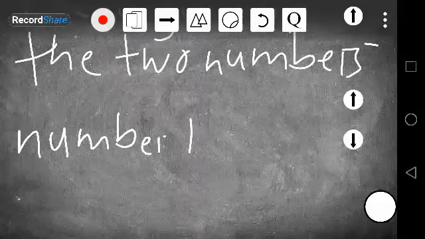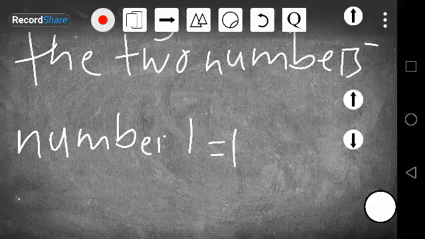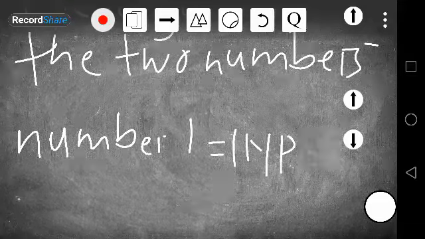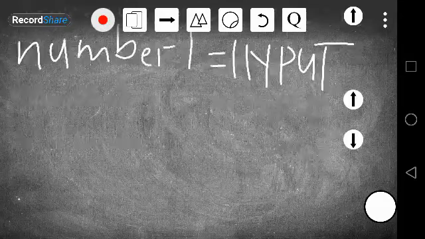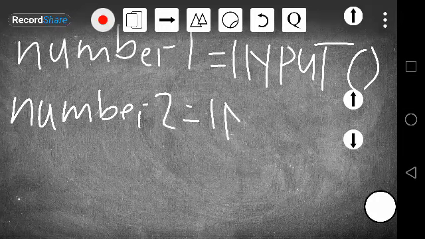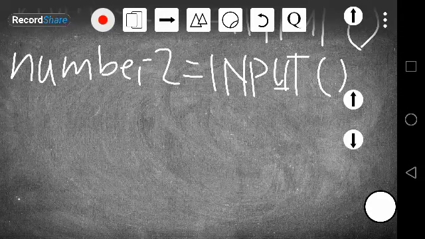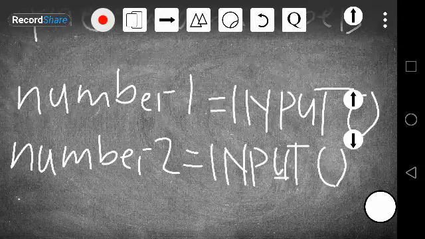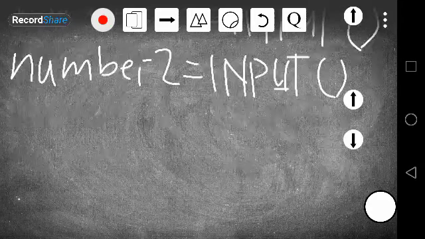Number 1 equals input, then number 2 equals input. So this means that we are inputting number 1, the first number, and number 2, we are inputting the second number.